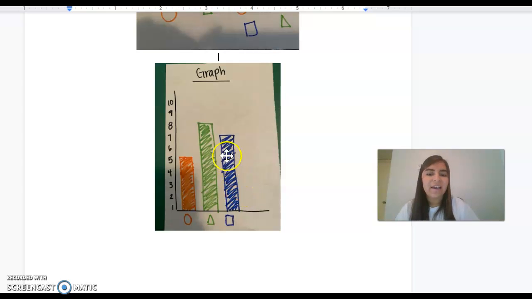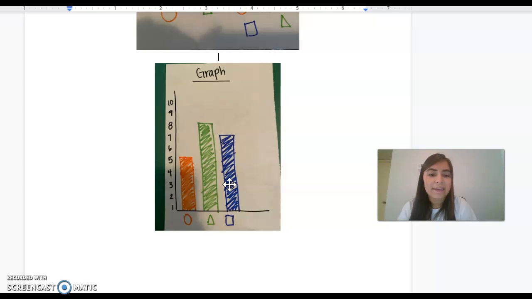Then I see that I have more squares than I have circles, right? Because I have a few more squares than I had circles. I see that I have fewer circles than I have of triangles or squares.